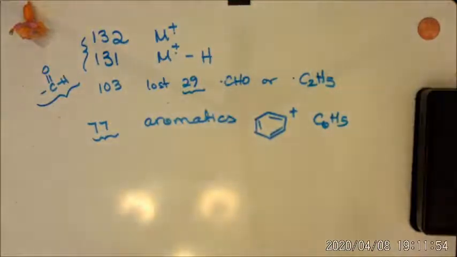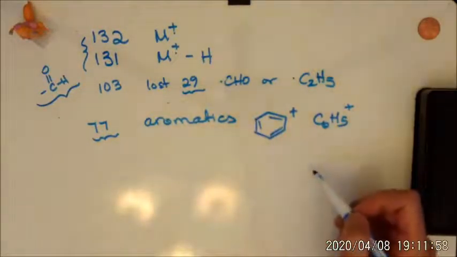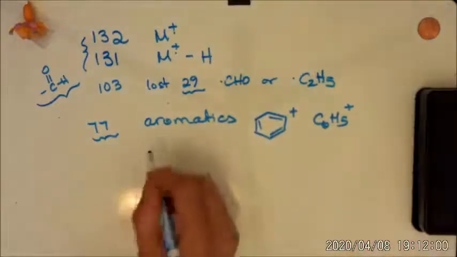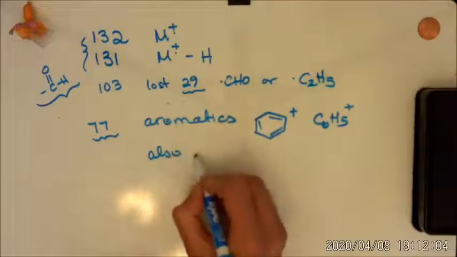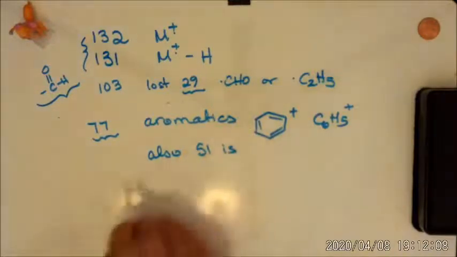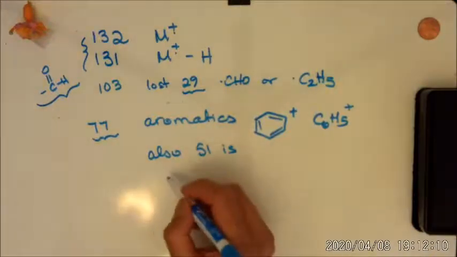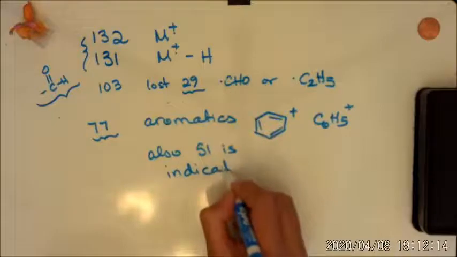Okay? So we're looking at 77 being C6H5. And typical for aromatics, so also 51 is indicative of an aromatic.